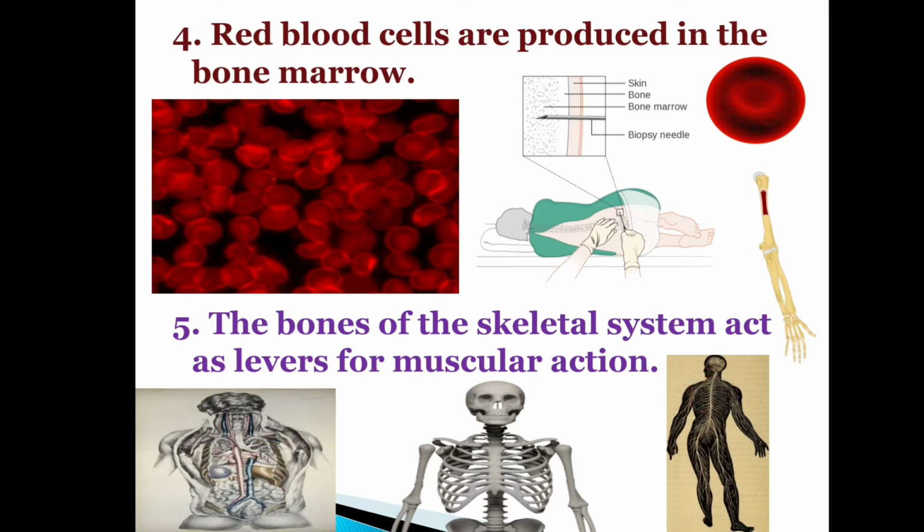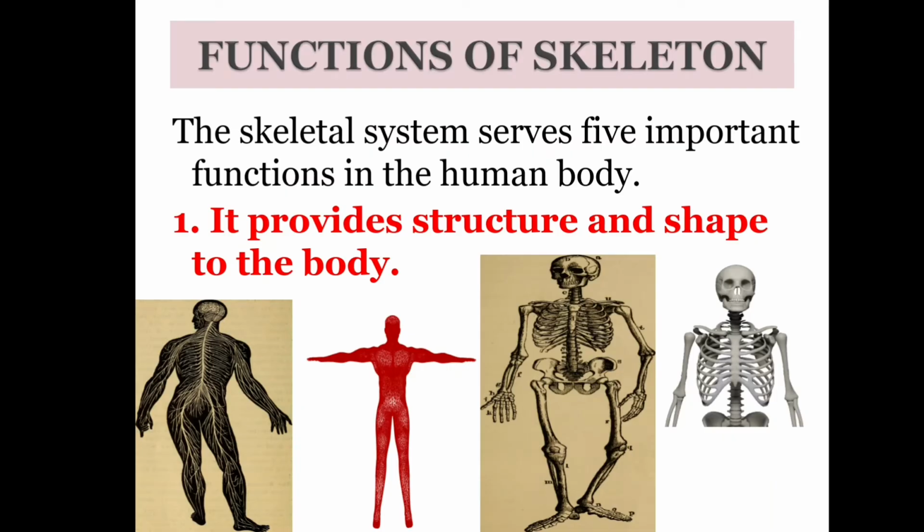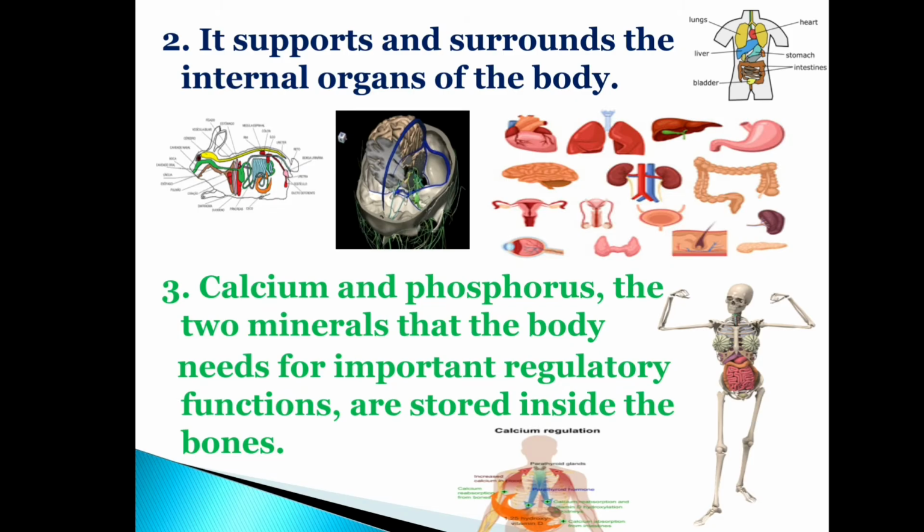So these are the 5 important functions of the skeletal system. So what are the functions of skeleton? The 5 important functions in the human body of the skeletal system are: it provides structure and shape to the body, it supports and surrounds the internal organs of the body.